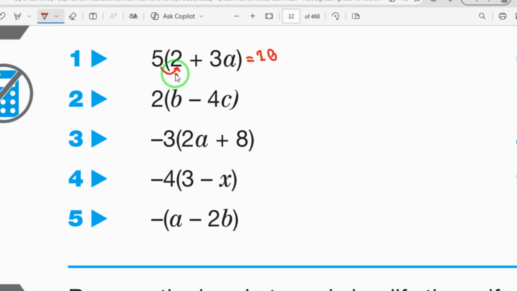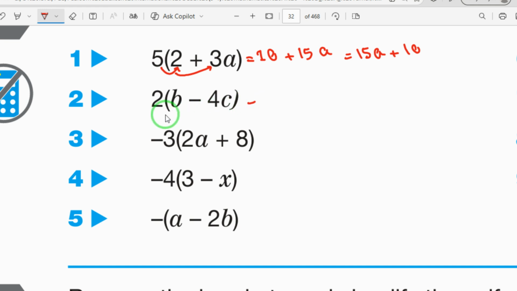And also we multiply by the second term. 5 times 3 is 15. We write here 15a. This is the answer, but it's better to arrange this one descendingly. We write like this: 15a plus 10. It's better, but this one is also correct.